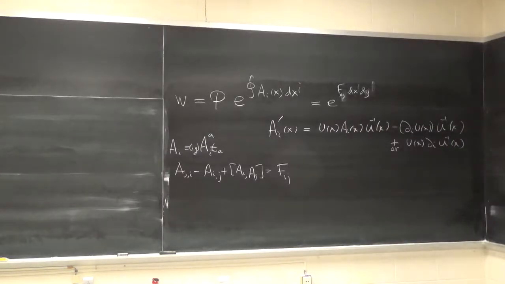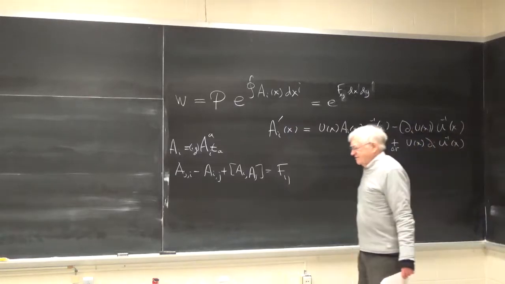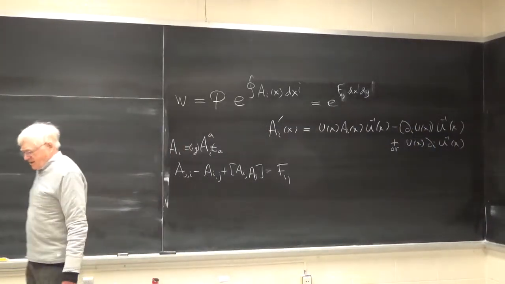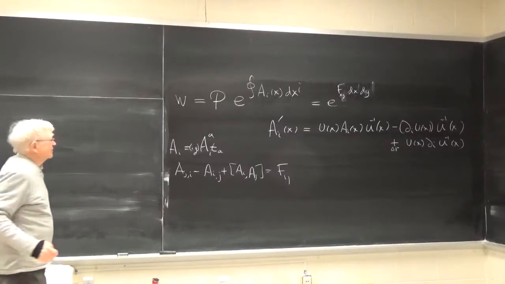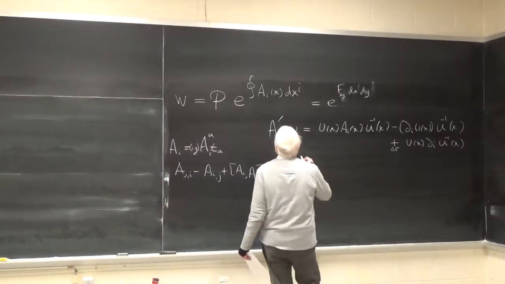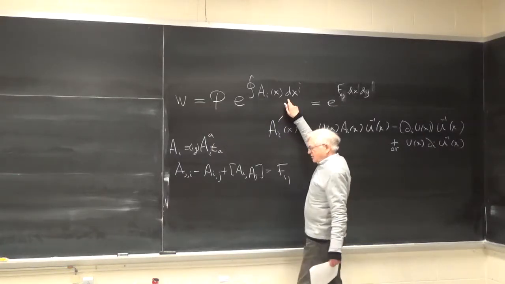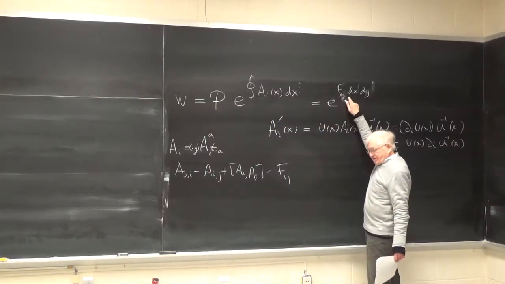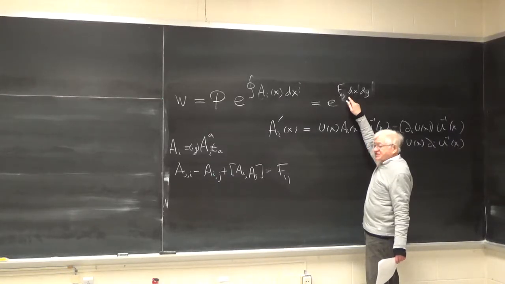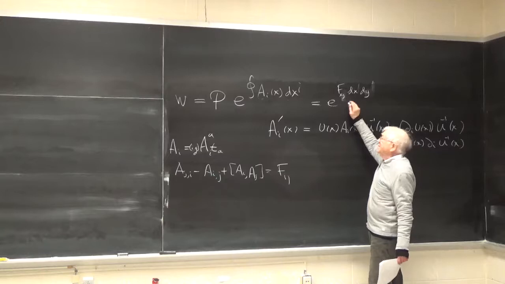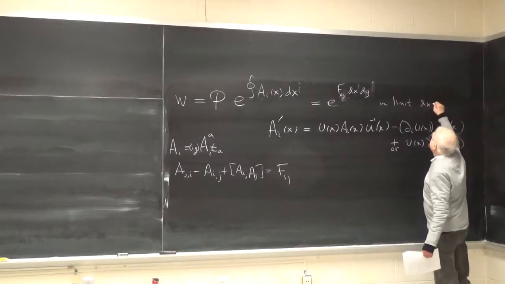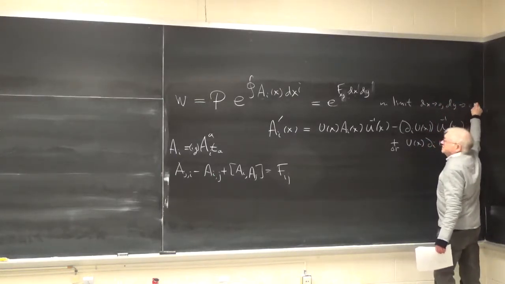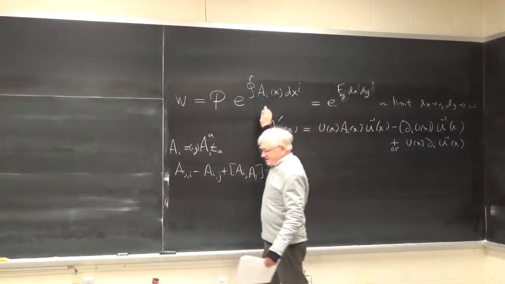If I put the ij in there, it would still be correct, but I'd have to introduce at least the 1/2. So what it really is, the integral of this around the perimeter of the loop is equal to the integral of the Faraday tensor over the surface of the loop. And this is in the limit of dx going to 0, dy going to 0. So that's how I'm going to analyze this.